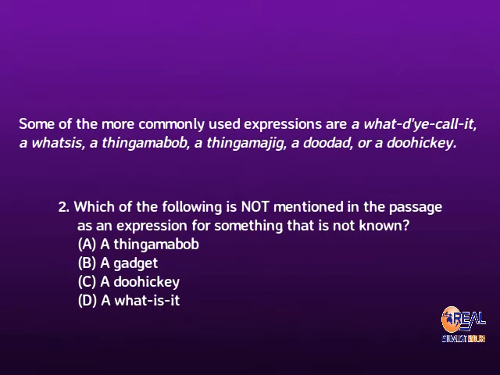So A, B, and C are correct because they are there in the passage, but they are not the correct answer for this question, because the question is asking you about something that is not mentioned. So the answer D, what is it? It's not mentioned or listed in the passage. That means the correct answer for this question is D, what is it, because that's not in the passage.